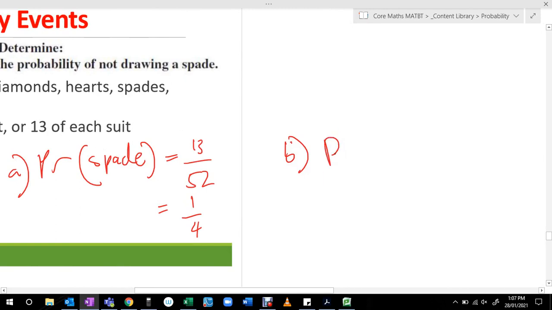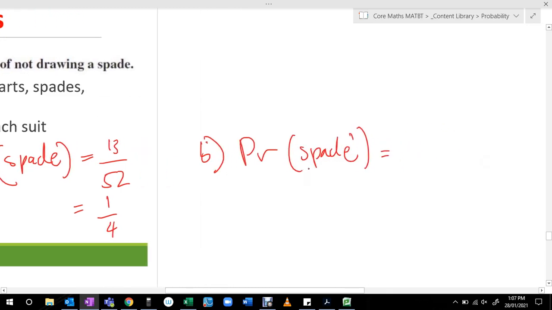So if the probability of getting a spade is 1 over 4, the probability of not spade, which would be this, will be equal to 1 take away the probability of the spade. This is using a little bit of algebra, but don't get scared of it.